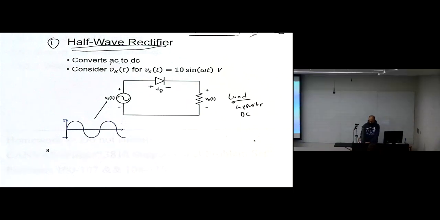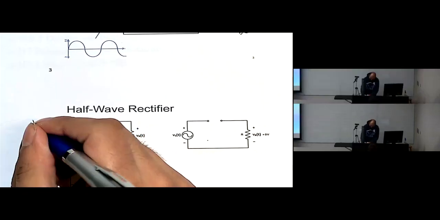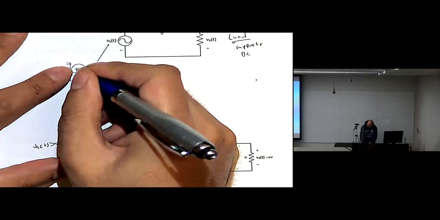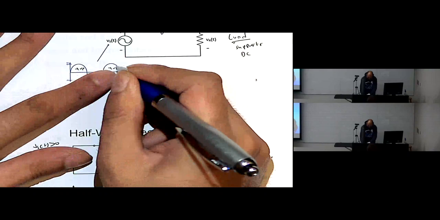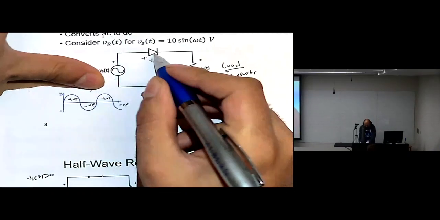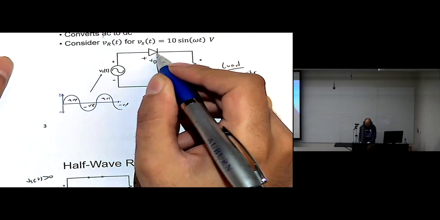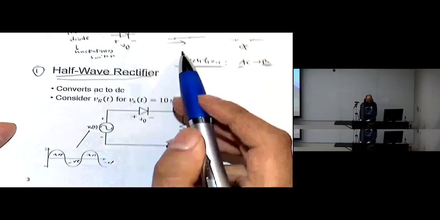So how can I do this? By saying, if Vs of t is larger than 0, which is in this positive cycle, this is the positive cycle, this is the positive cycle, then the voltage of the diode will be positive. This means the diode will be a short circuit.